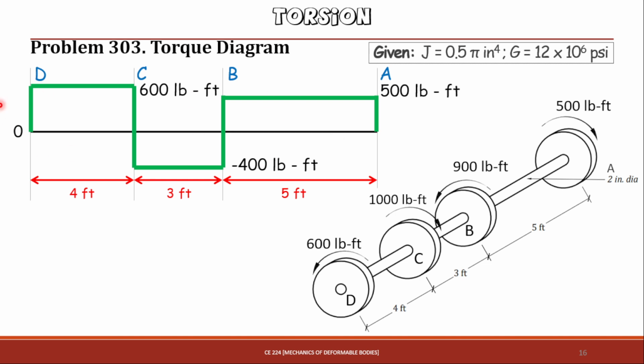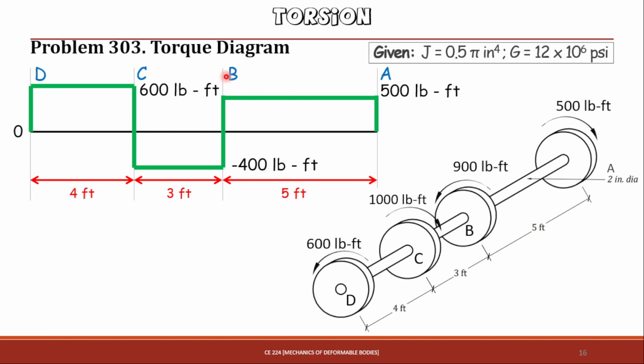So, what does this mean, itong torque diagram? Itong torque diagram, it shows yung mga torque sa mga shaft natin. For example, at shaft AB, ito yung torque na nag-o-occur dyan sa shaft na yan. So, pag isi-solve mo yung shearing stress, anything na kailangan ng torque, ito yung value ng torque na kukunin natin, 500 pound-foot. Sa BC, ganun naman.